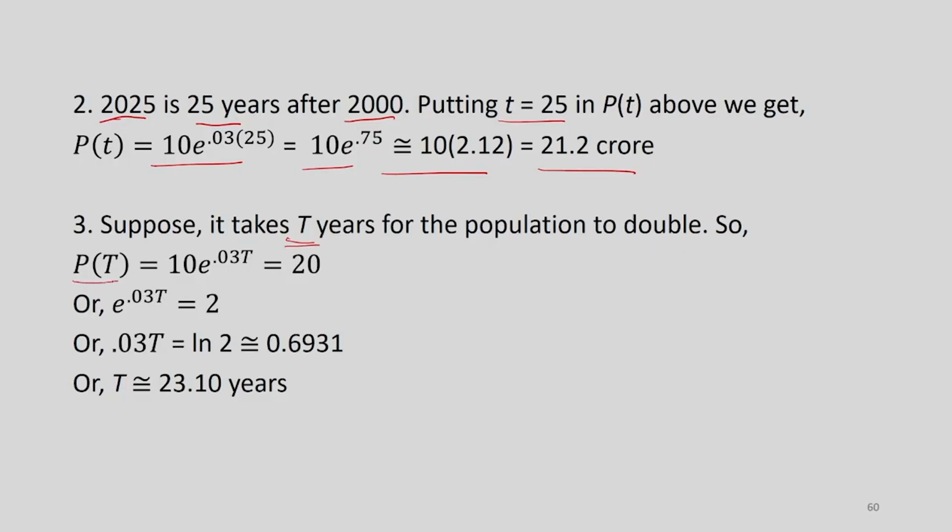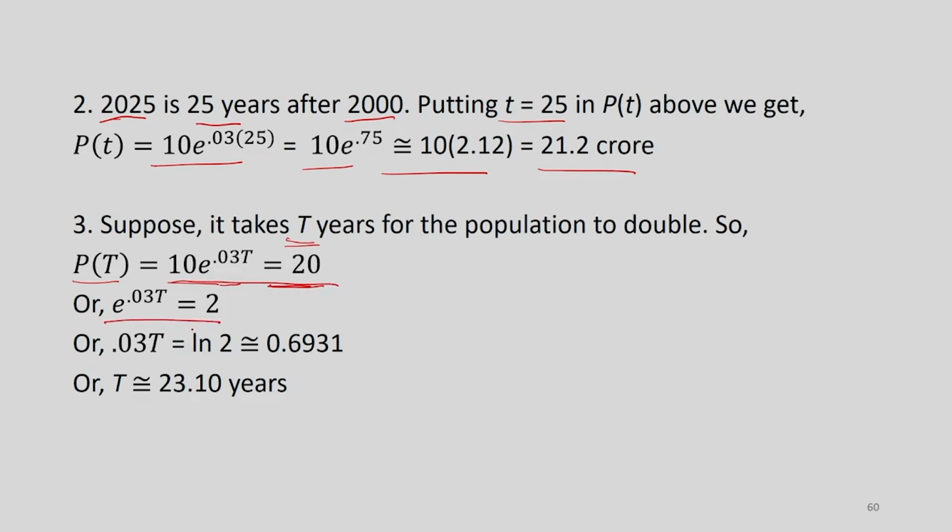So I can write P of T is equal to 10 multiplied by e to the power 0.03 multiplied by capital T, but that will be equal to 20 because the population is doubling. So it was 10 before, now it will become 20. So I have to solve this for capital T, and that is not very difficult.